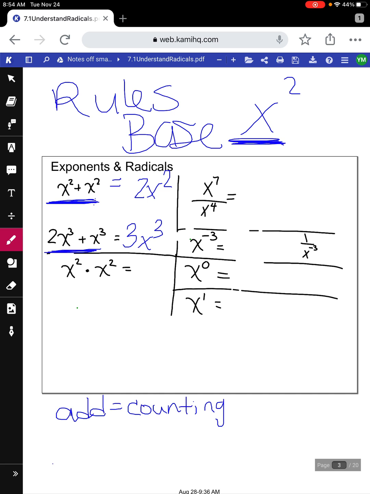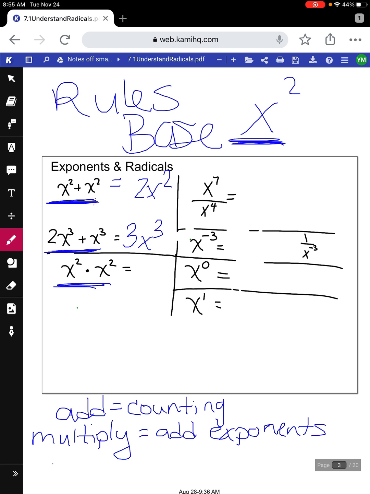The rule for multiplication, when you are multiplying the same base, you're going to add the exponents. So 2 plus 2 is 4. This would be x to the 4th.